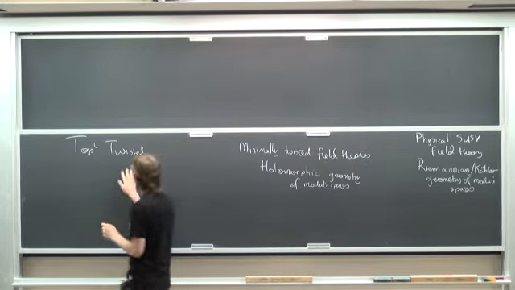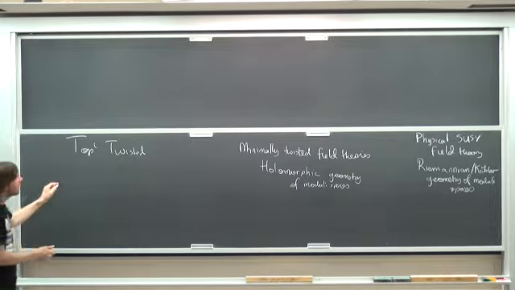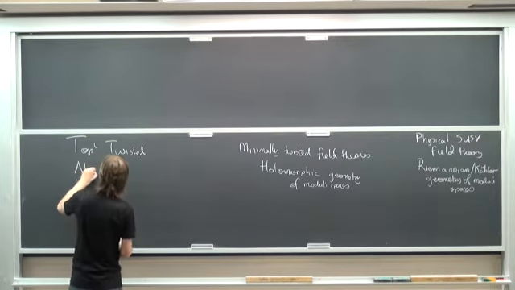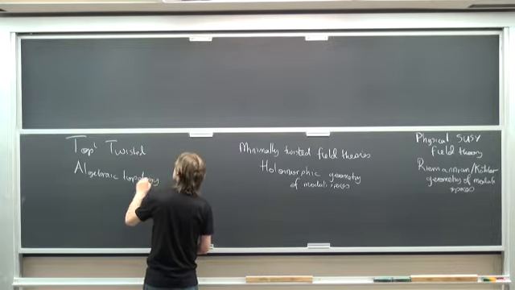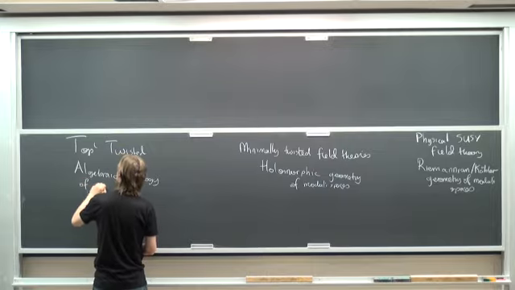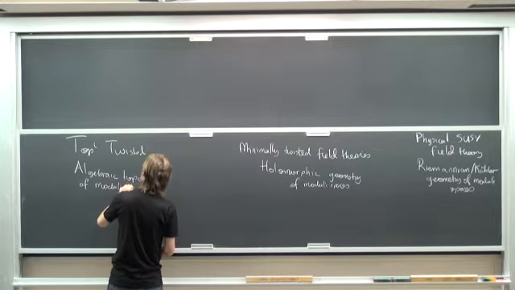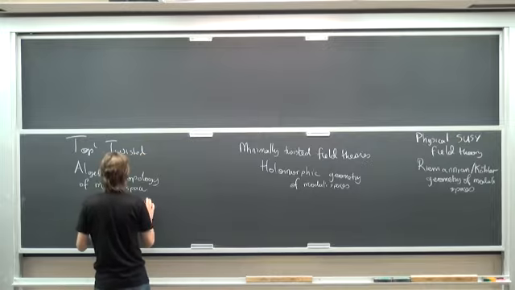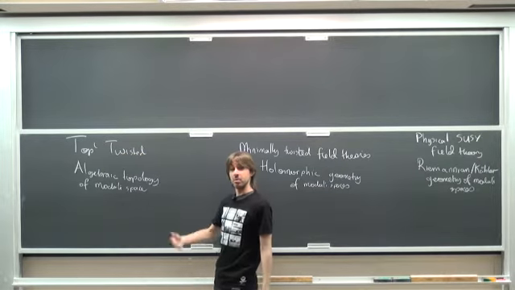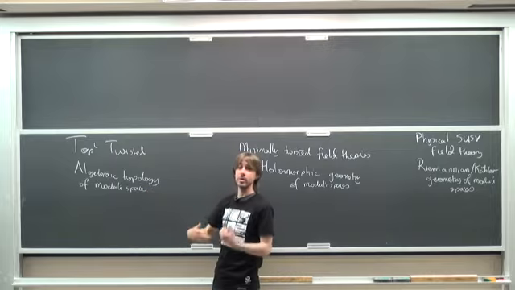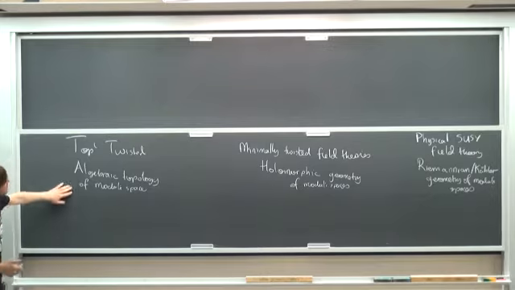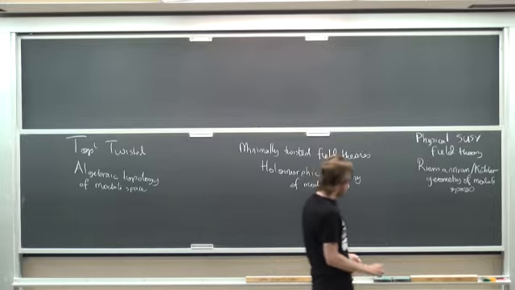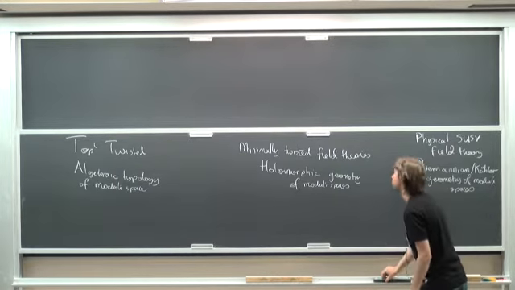And the topologically twisted things are often about the algebraic topology of moduli spaces. For example, Gromov-Witten theory is about the cohomology of moduli spaces of maps from curves to a complex manifold. Donaldson theory is about the cohomology of moduli of bundles.